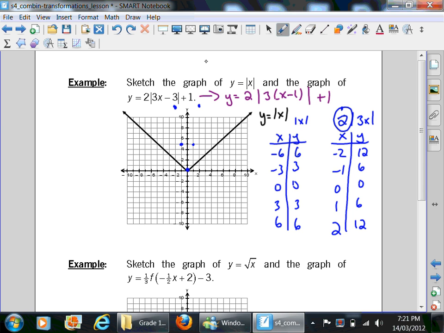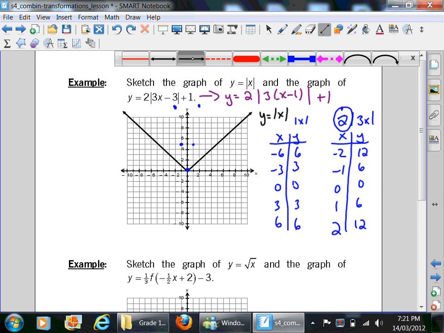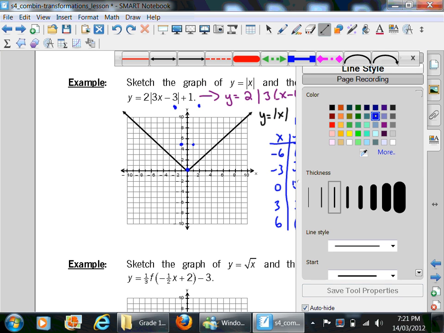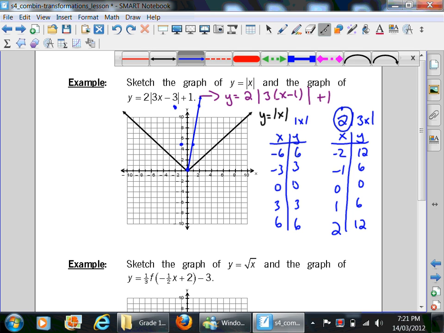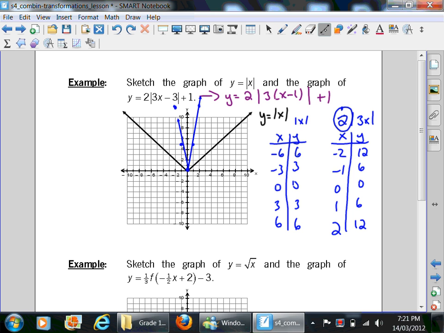Now what I just need to do is to come up with a blue line, and now I can connect the dots. And it's quite skinny actually. Oopsies.